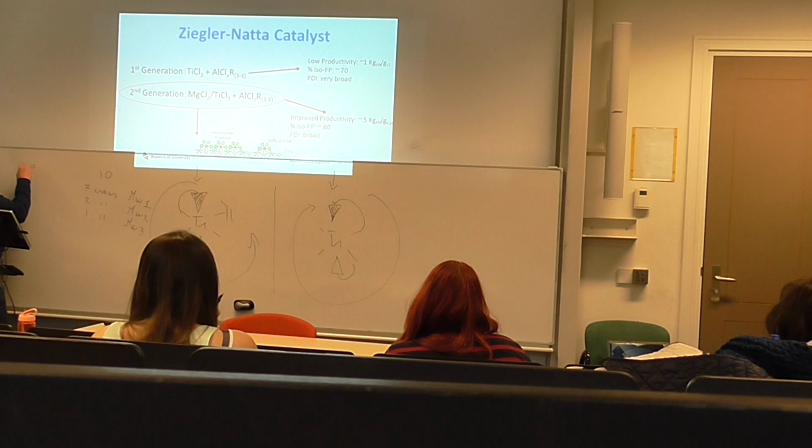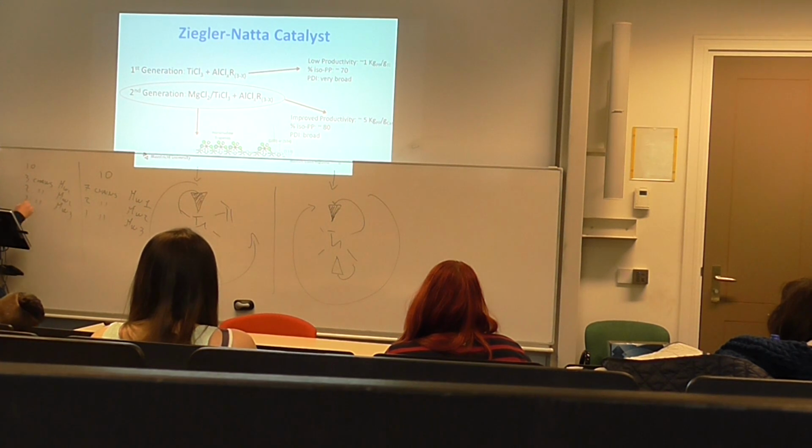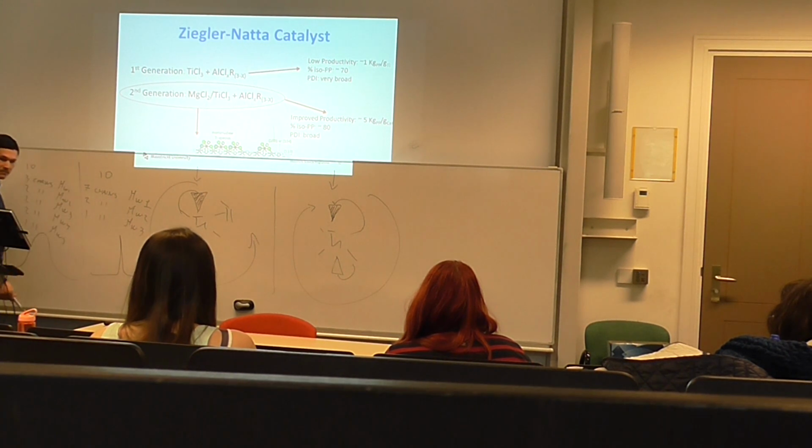If you have another example, 10 chains with 3 chains of molecular weight 1, 2 chains molecular weight 2, 2 chains molecular weight 3, 2 chains molecular weight 4, and 1 chain molecular weight 5. Your distribution of molecular weights is going to be larger here compared to here. Okay? Very simple.